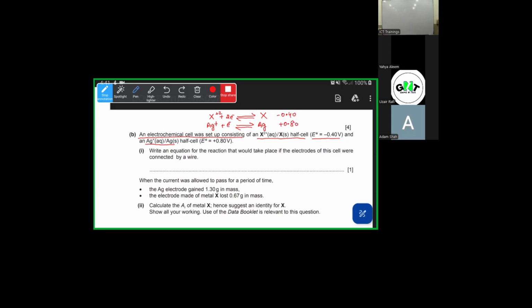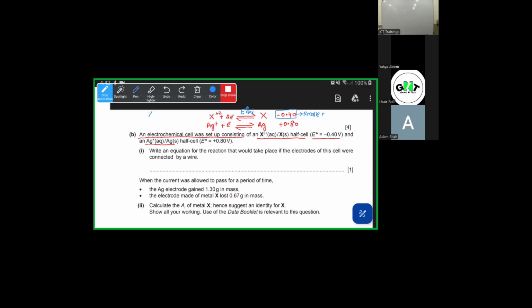I told you yesterday, you have to see which E naught value is smaller and which one is larger. If you look up here, this value is smaller. So the smaller E naught value is more reactive, and the more reactive thing would become the anode, and at the anode oxidation always takes place. So you have to change this equation according to the oxidation way. So you should reverse the equation.